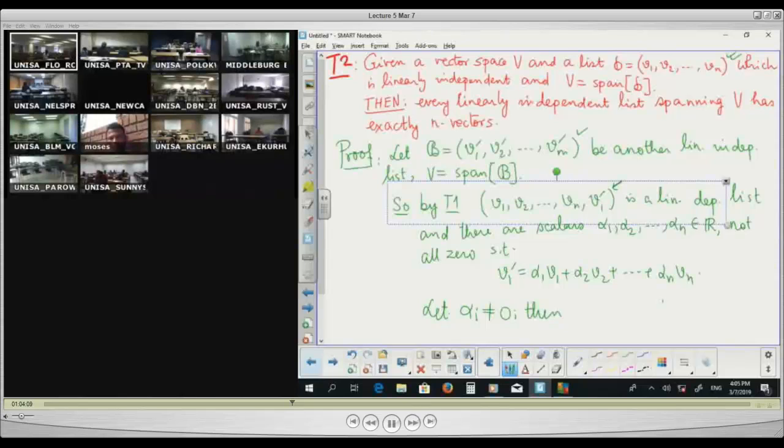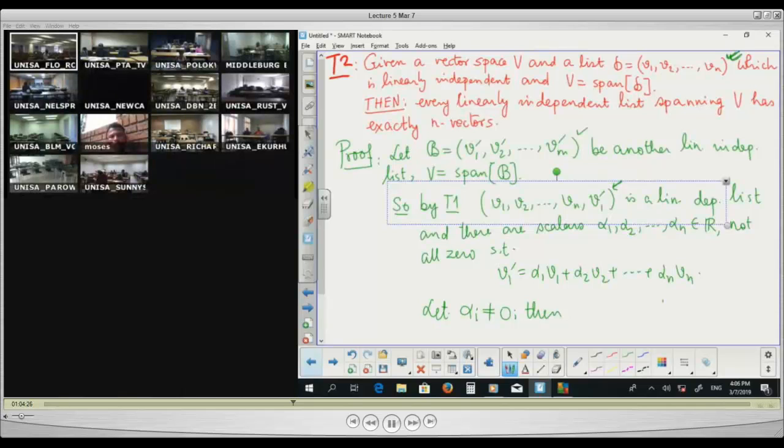So now that's what I'm saying. I was given this initial list, as I say, with double tick. Then I said let this one be also another linearly independent list which spans it.